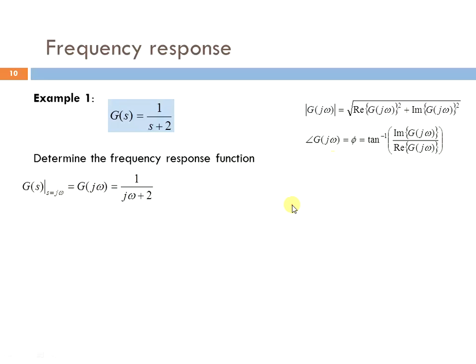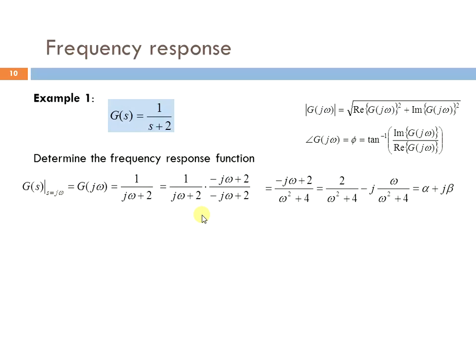So we do that by normalizing it, multiplying both the numerator and the denominator by the complex conjugate of the denominator of this frequency response function. And when we do that, we are able to separate the real component from the imaginary component, as we have here.